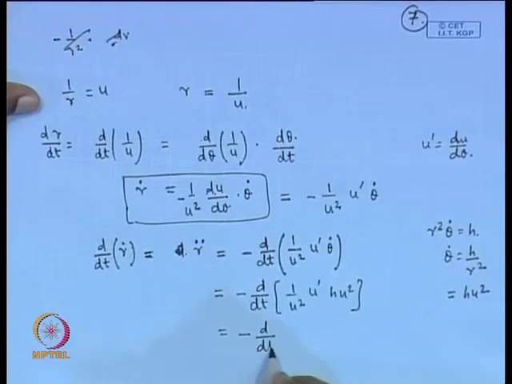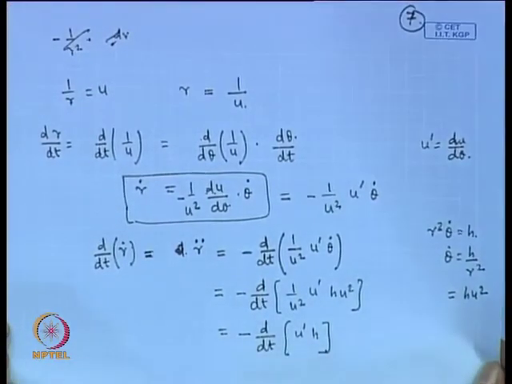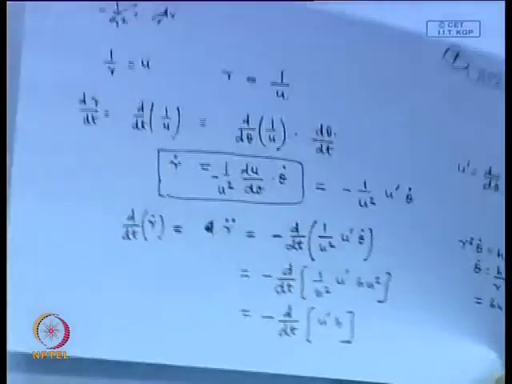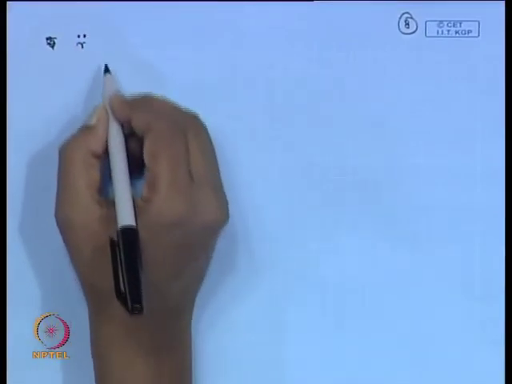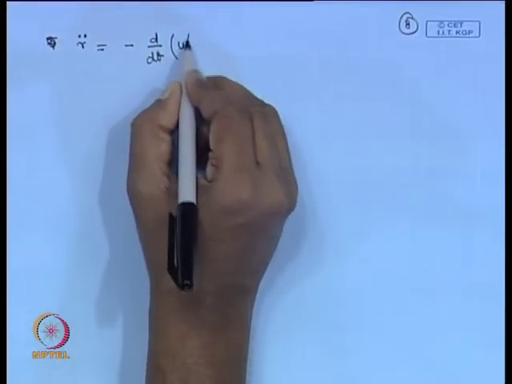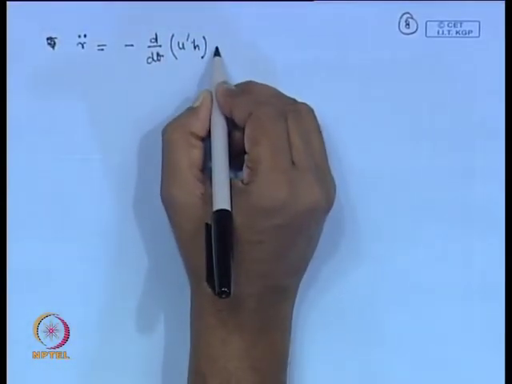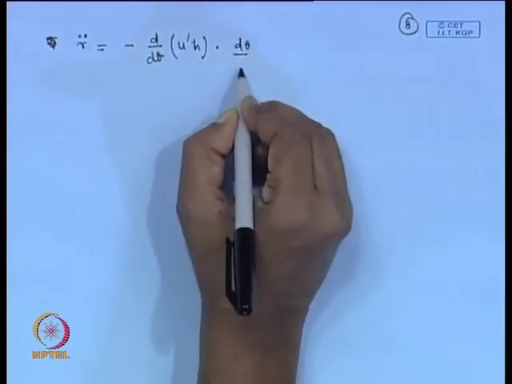So, the whole thing then looks like u prime h, where h is a constant. Therefore, r double dot becomes minus d by d theta of u prime h times d theta by dt.